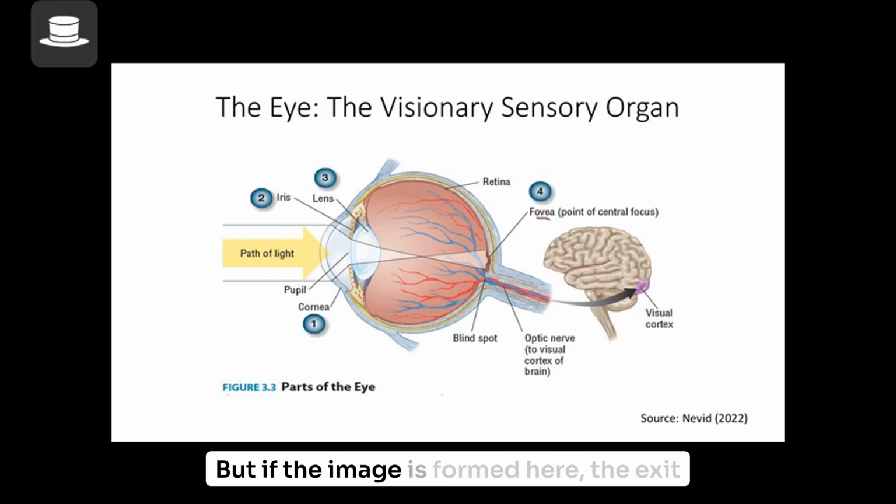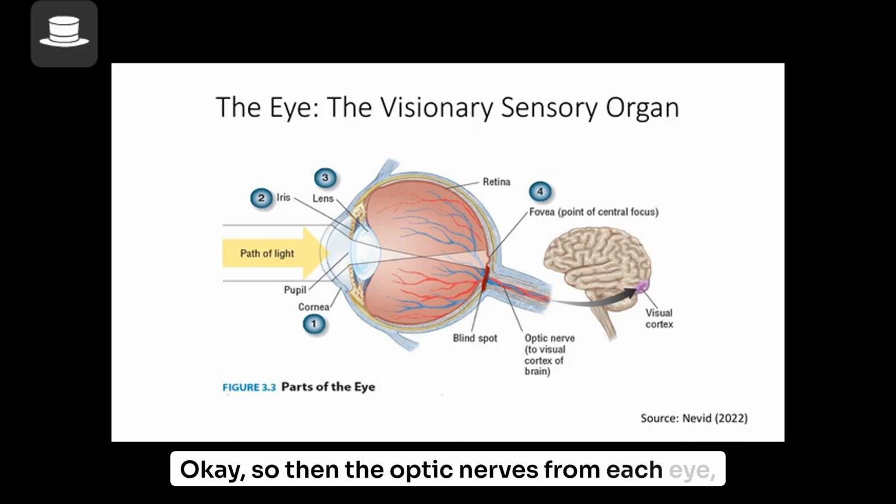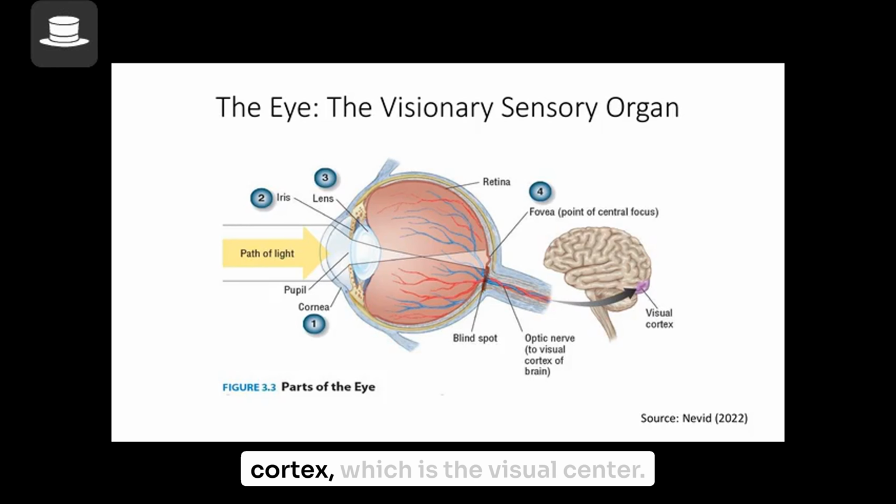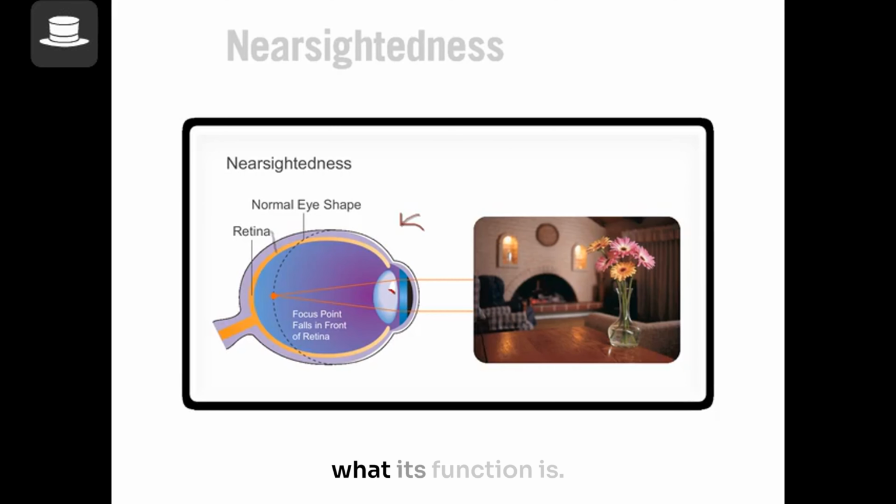But if the image is formed on the blind spot, the optic disc, you can't see because there is no retinal layer here. Then the optic nerves from each eye eventually go to the occipital cortex, which is the visual center.